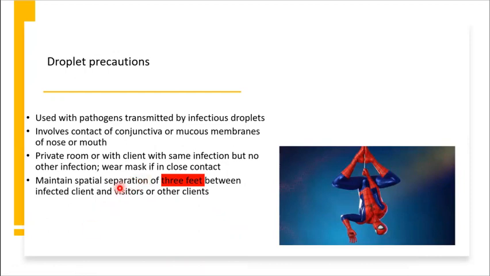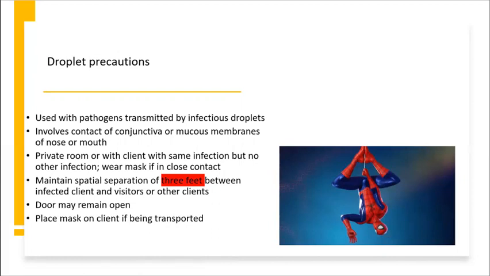So again, remember with droplet precaution, you want to maintain that 3 feet distance between clients and other clients or visitors. Because we said these droplets are more than 5 microns, they can remain suspended in the air for long, so the door may remain open. We'll need to place masks on the client if it's being transported.